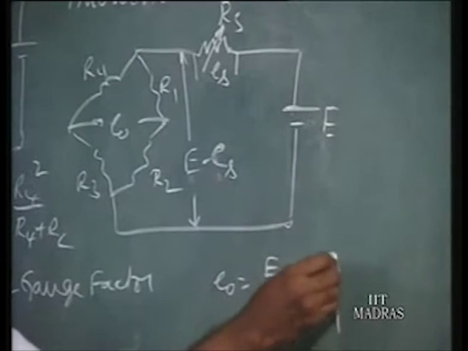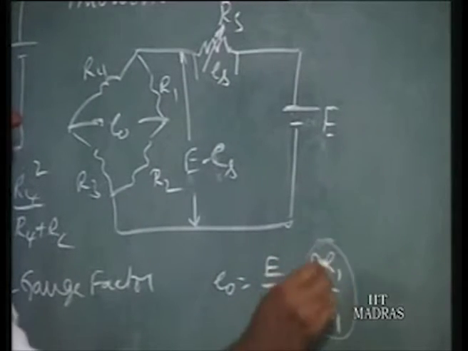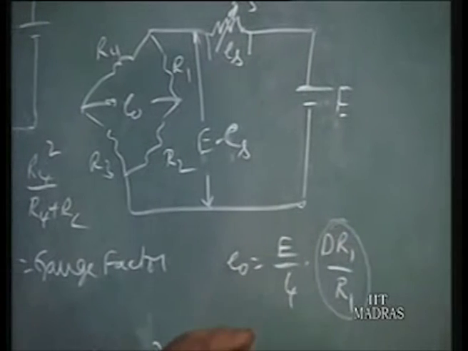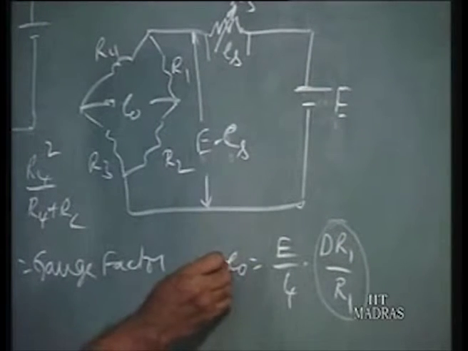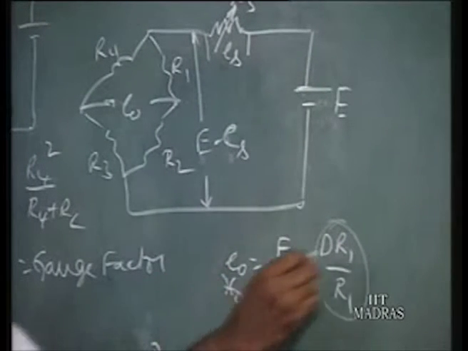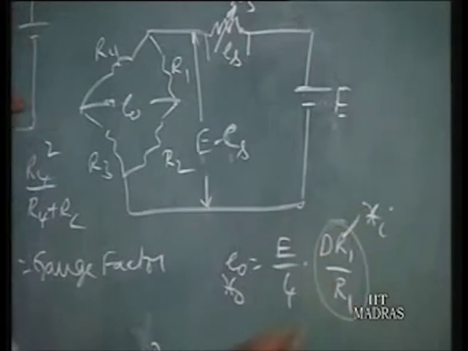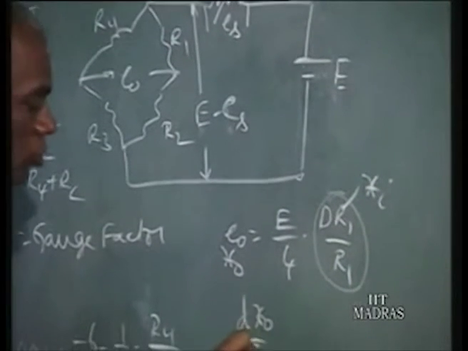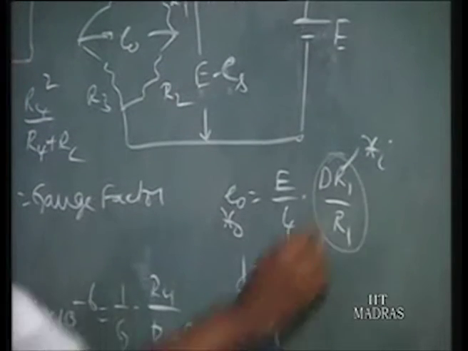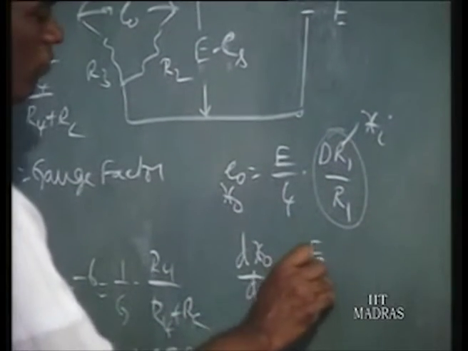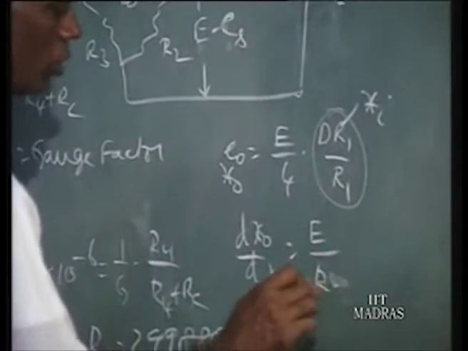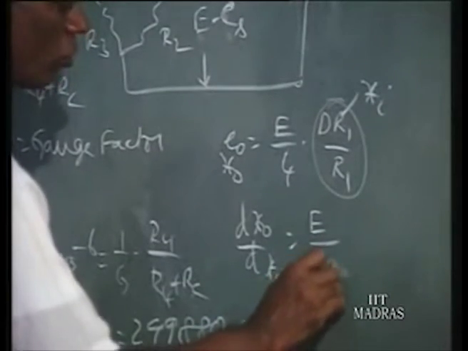Now delta R1 is our input signal and this is the output signal. If you call this XO and this XI, then dXO by dXI is equal to E by 4R1.